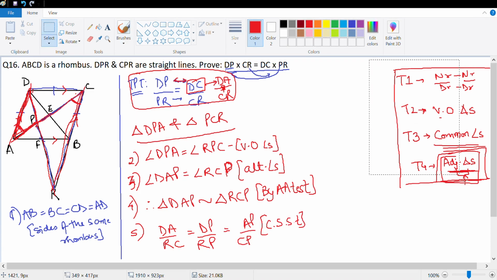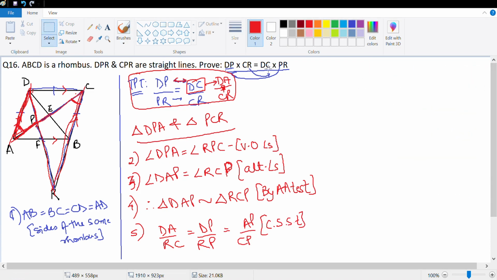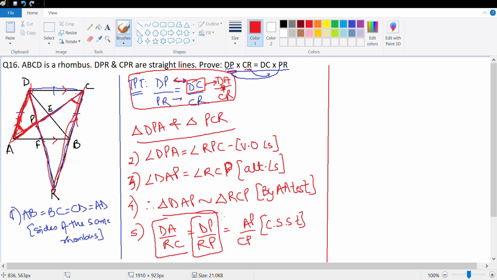Good. Let's look at what we need to prove, and that should finish this question. What we need to prove here is DP into CR. We are looking at DP here, and CR, which means DP into CR is equal to DA into PR.